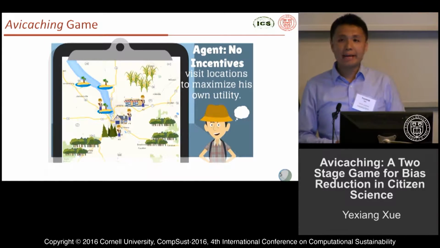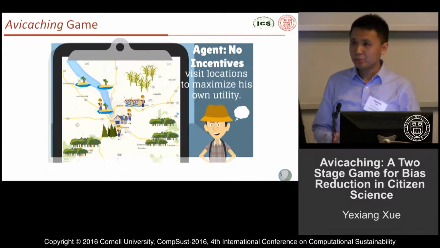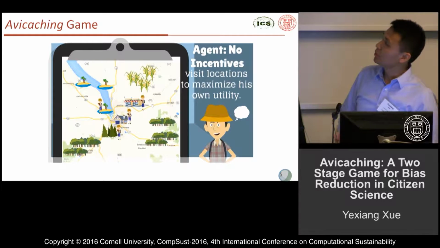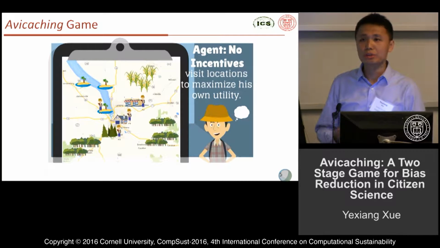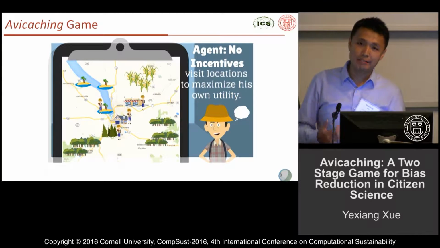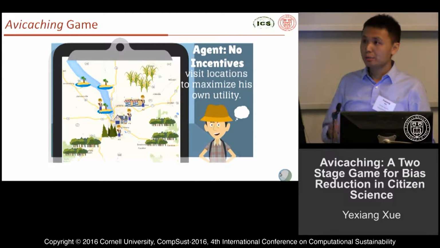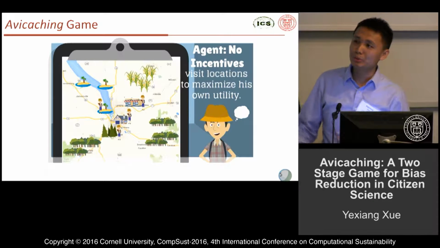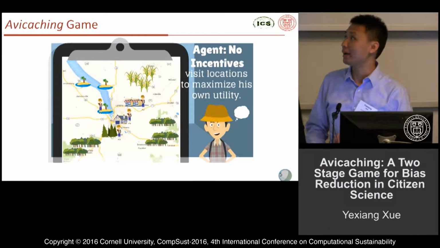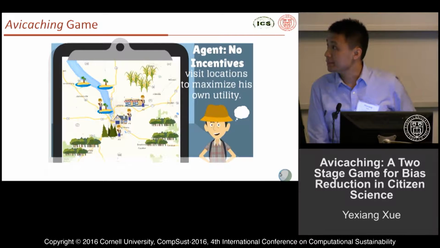We introduced Avicaching. It is a very interesting game to basically use external rewards, in this case Avicaching points, to try to push people into those undersampled areas. So the game goes like this.